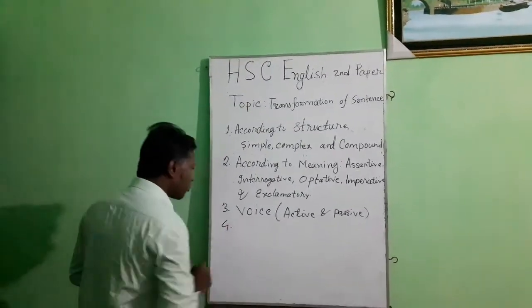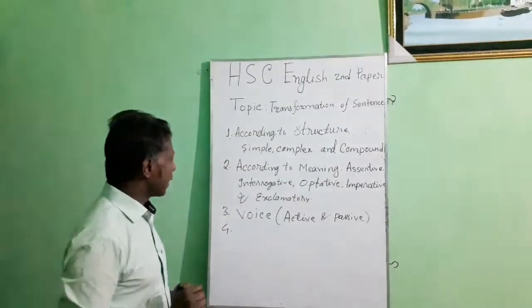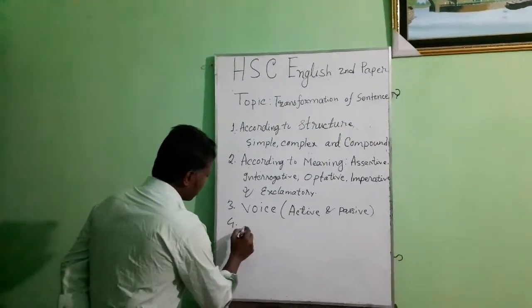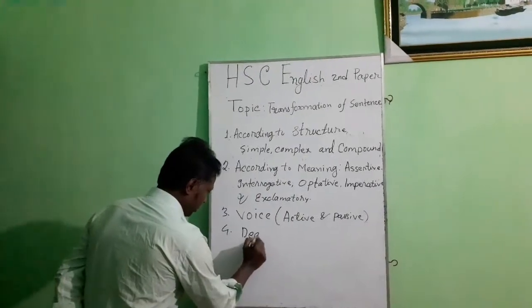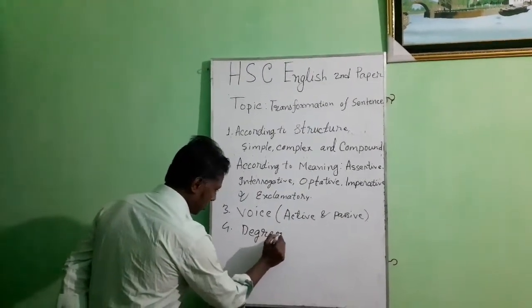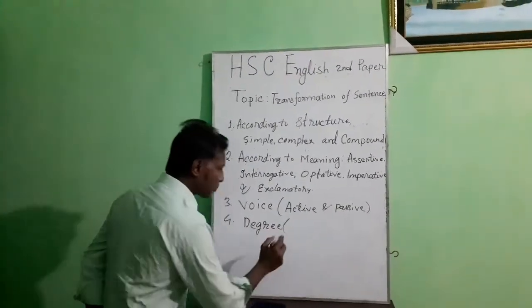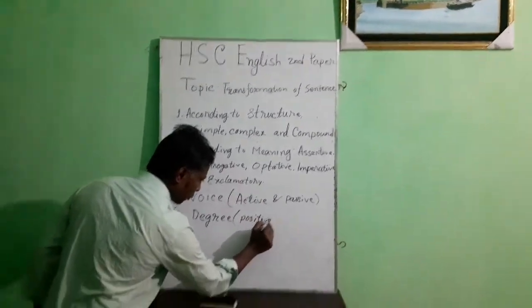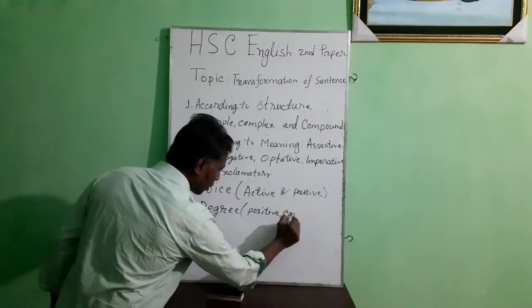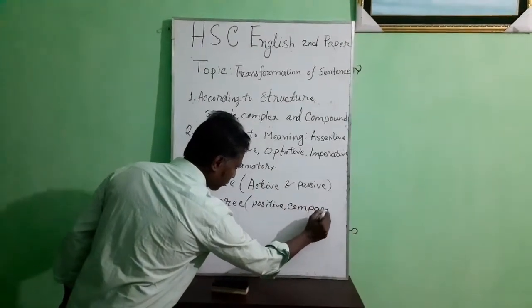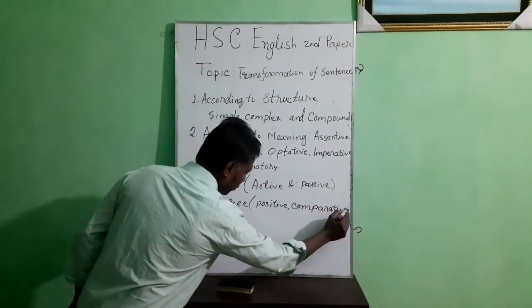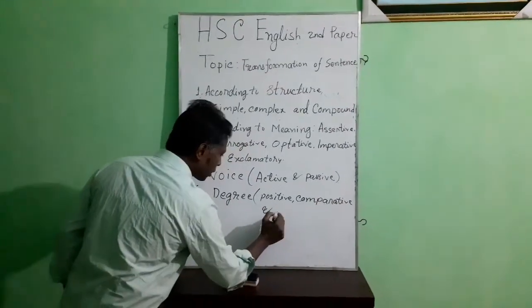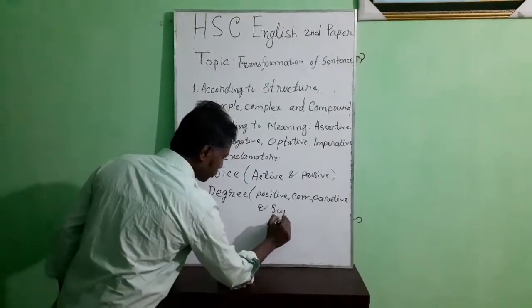The fourth area is degree. For example, positive degree, comparative degree, and superlative degree.